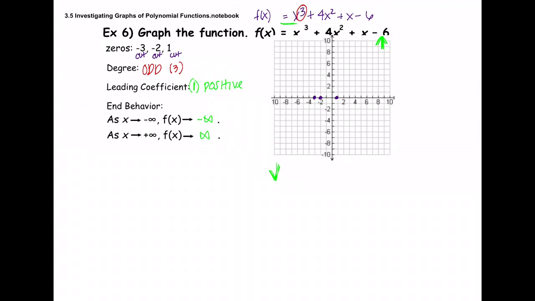So we have our 3 zeros placed on our graph. We know what's happening at the ends. If our graph has to cut in every one of these locations, it would cut through at -3, cut through at -2, cut at 1. Our polynomial could look something like this.